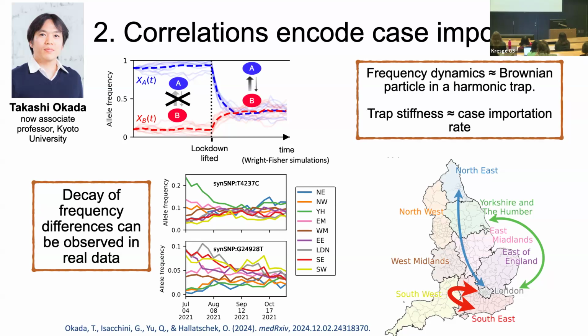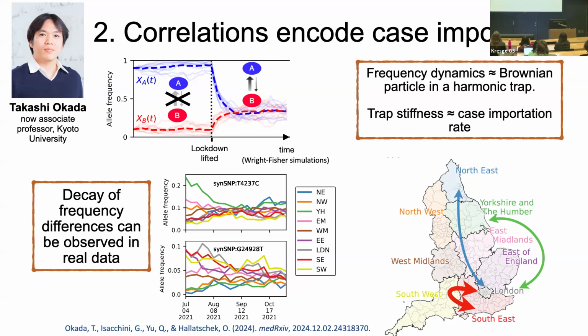Here the different colors correspond to regions. Somebody decided to divide England up into 9 regions, and those 9 regions are shown here, with funny names, abbreviated here. And you see how indeed the frequencies become more similar over time.